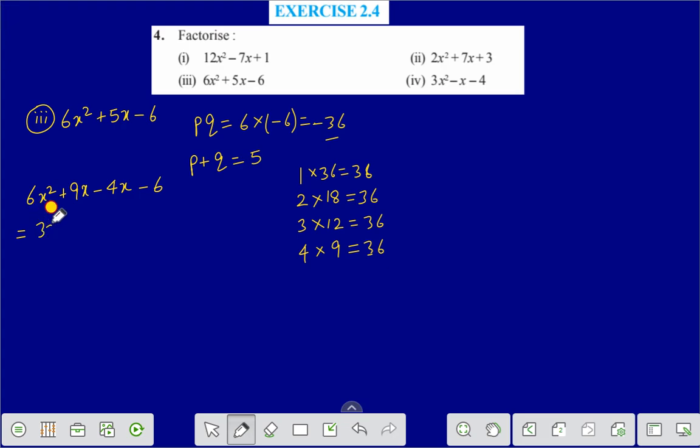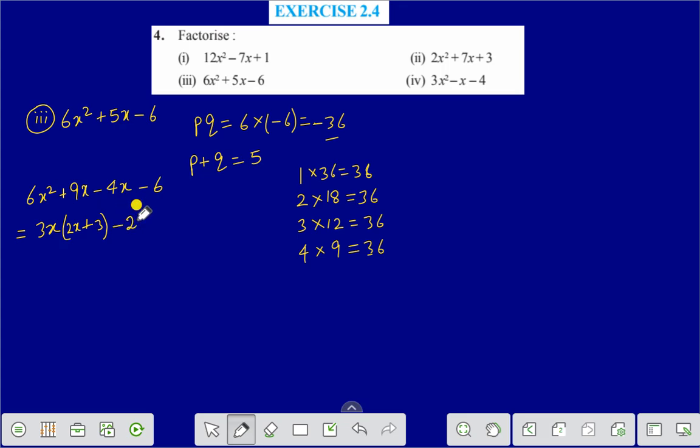Take common 3x, and we are getting x plus 3. Here we take 3x common, that is 2x plus 3.